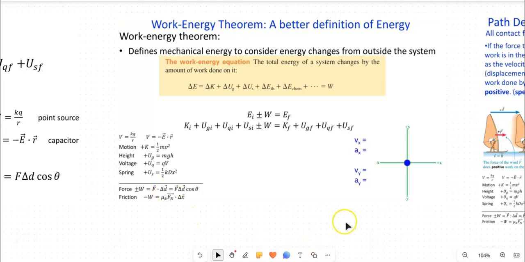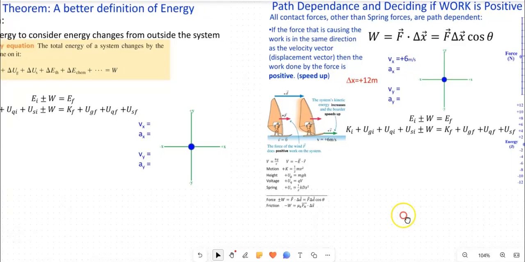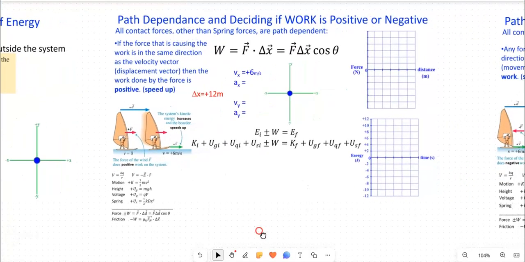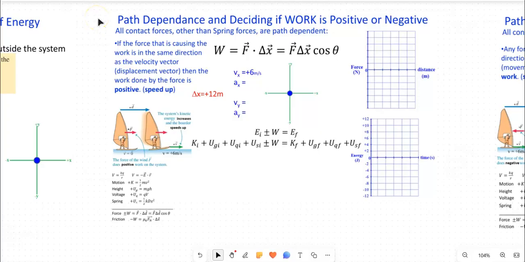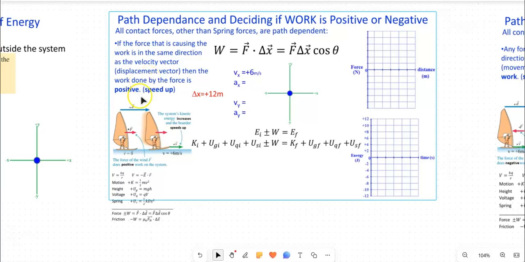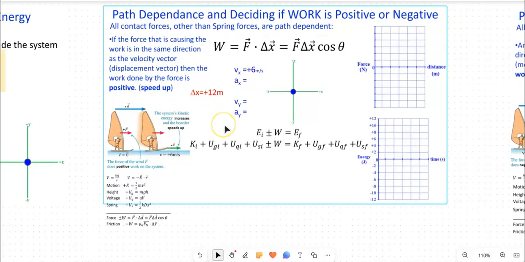Okay? Now, just a real quick review about work. Work can be plus or minus, okay? How you decide if work is positive is if you have a force that is pushing in the direction that you're moving.